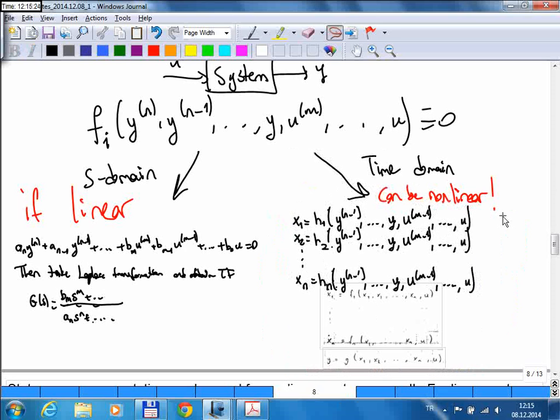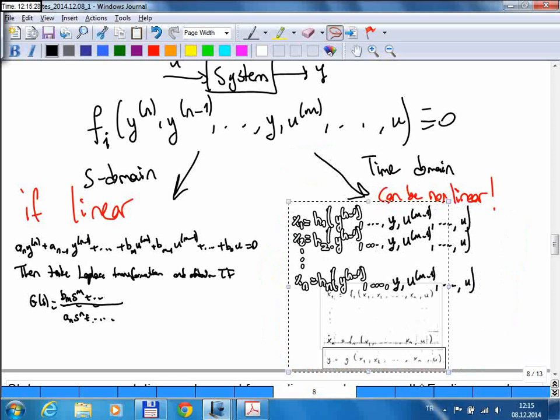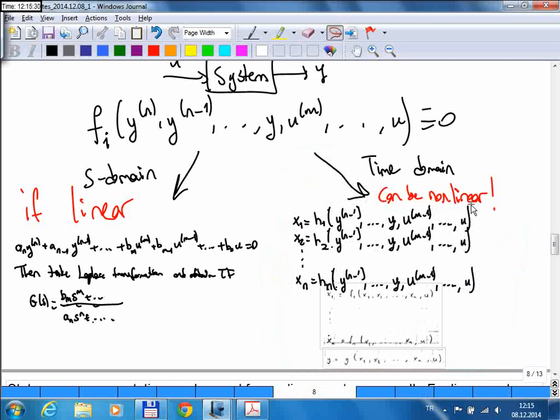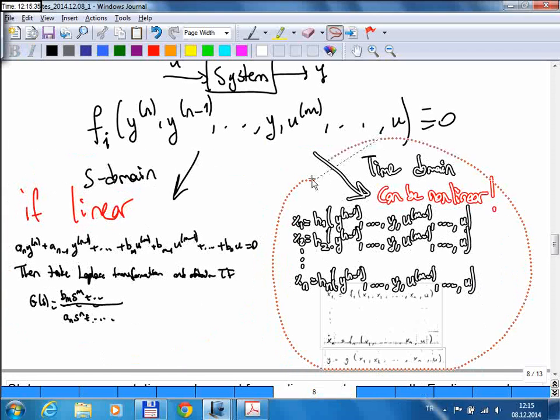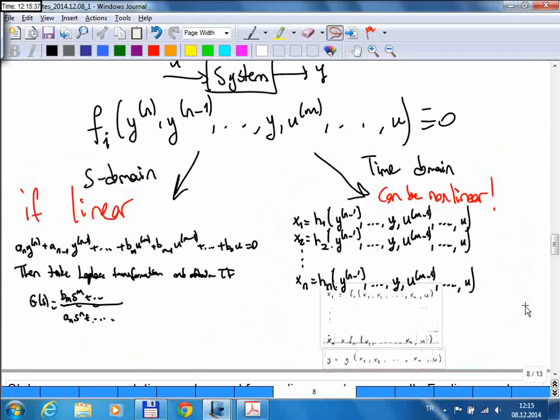People started working with state space models since they already had these powerful computers. Okay, so this is the old school, and this is called modern control. Nowadays, the state space representation is used more widely than the S domain transfer function representation.